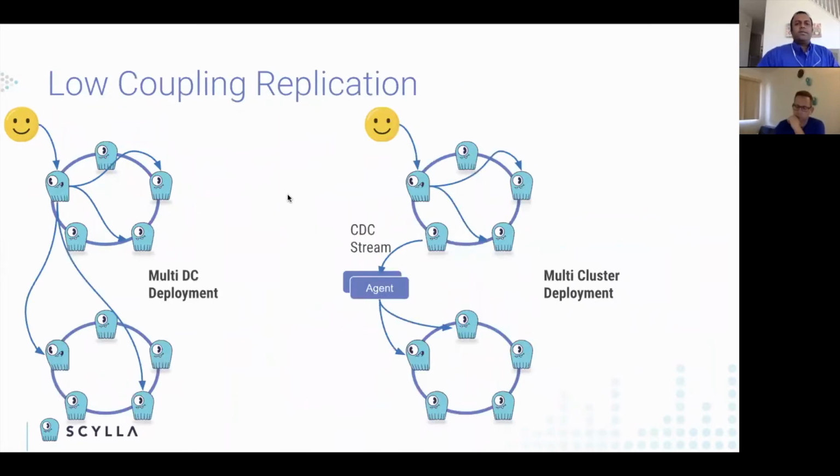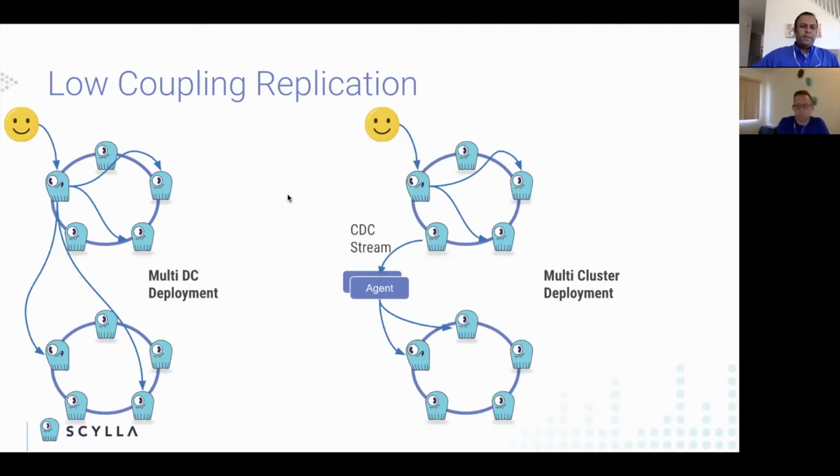Another use case is low coupling replication. This is a scenario where you don't have much traffic and you just want to use the CDC stream. CDC stream is typically at a table level, not at a keyspace level, so you can set which tables you need replication for.